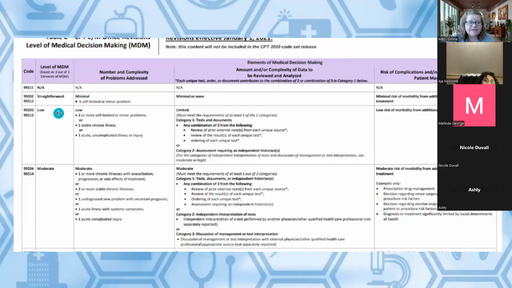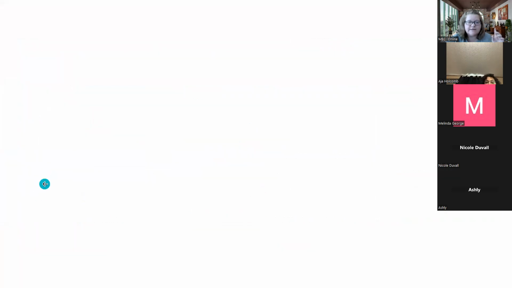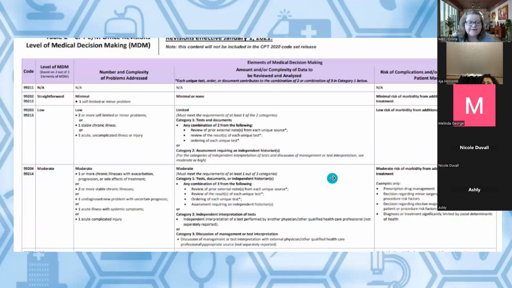For low MDM, you have two or more self-limited problems, or one chronic illness, or one acute uncomplicated illness, and so on and so forth. For each level of complexity, it gives you some criteria to work off of, right? So this is super helpful when you're figuring this out.